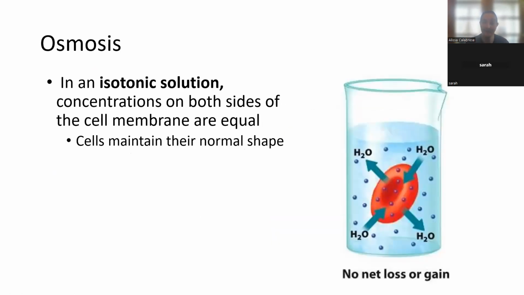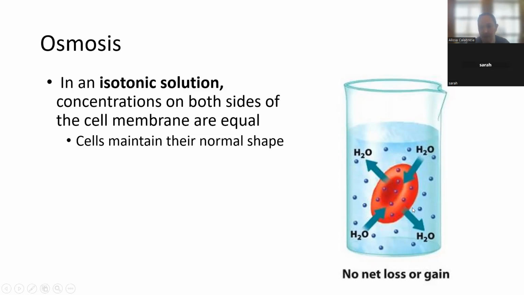Right. Ideally, we want your cells to be living in an isotonic solution. So isotonic meaning we've got the same concentration of salt inside as we do outside. So in this situation over here, we've got about the same amount of salt inside as outside.